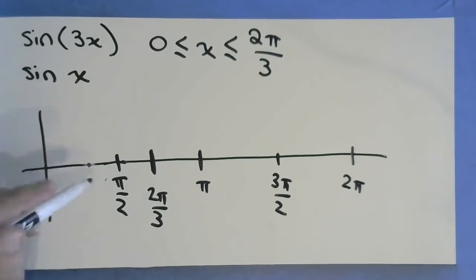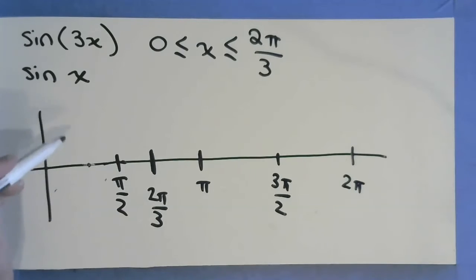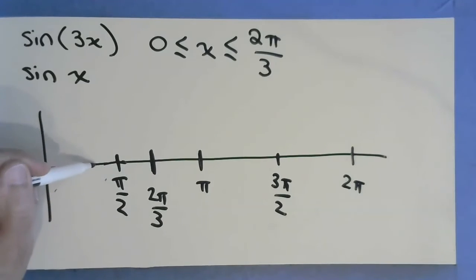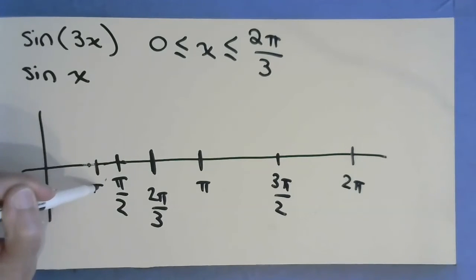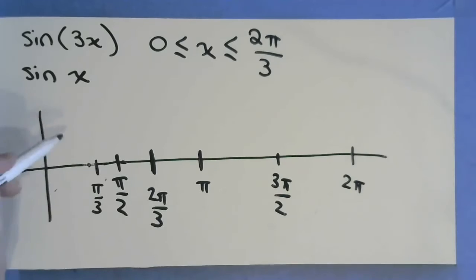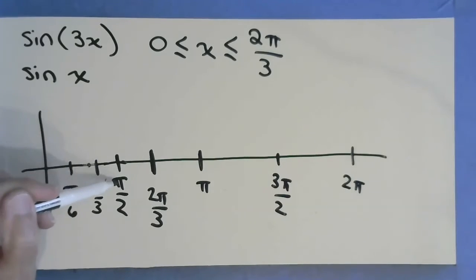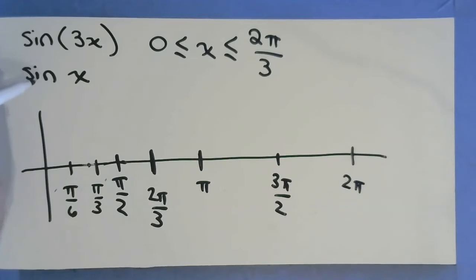And so if I ignore that pi over 2 mark and say, gee, what do I do? Well, this is going to be pi over 3. This is going to be pi over 6. And of course, we already knew that this was pi over 2. So sine of 3x is going to go from 1 to minus 1.